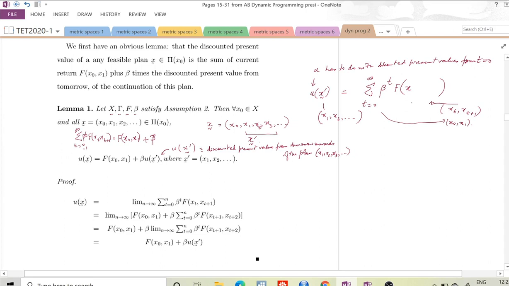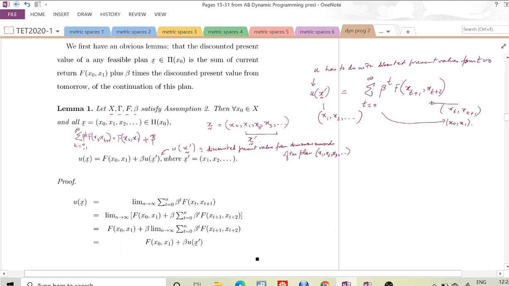So the first current reward should be x1 comma x2 because it's starting with x1. So how do I do that? I do that by a sleight of hand. I write here xt plus 1 comma xt plus 2. Nothing has changed. Everything starts at time 0 now. The only thing is that the path starts at x1, x2. At t equals 0, this is x1, x2. At t equals 1, it will be x2, x3, etc., okay?